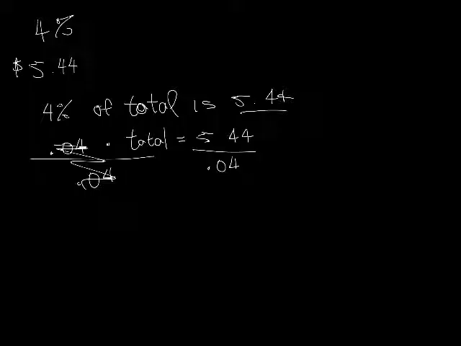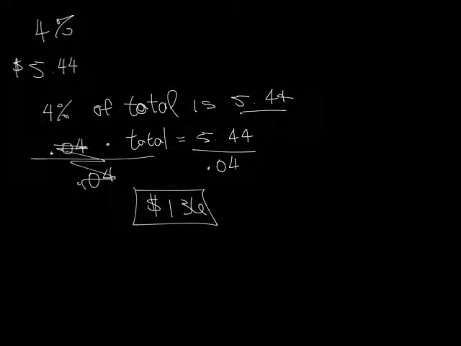That goes away, so 5.44 divided by 0.04 is $136. So if we had to pay $5.44 in tax at 4%, that means the bike originally cost $136. So $136 plus the $5.44 is going to give me the total cost of the bike.